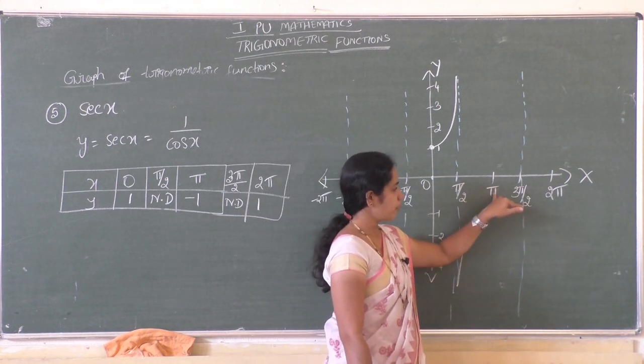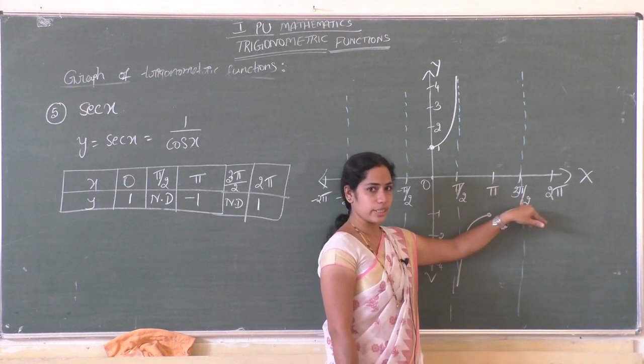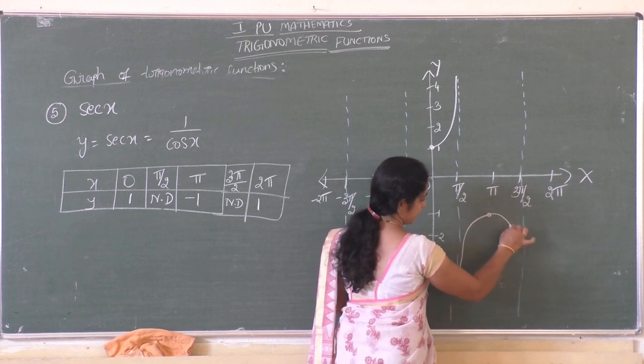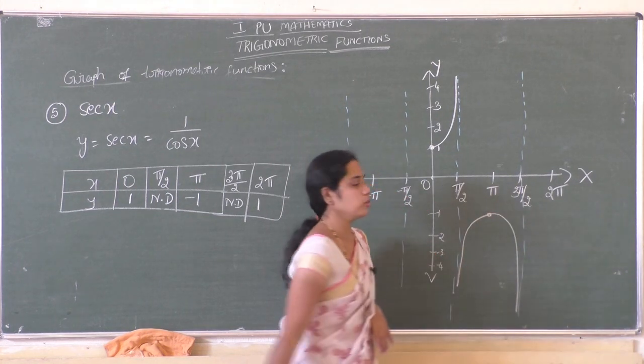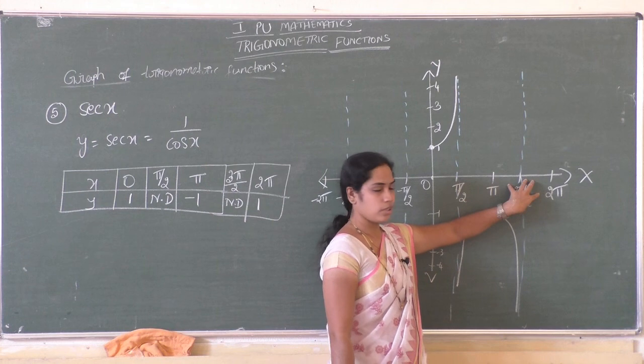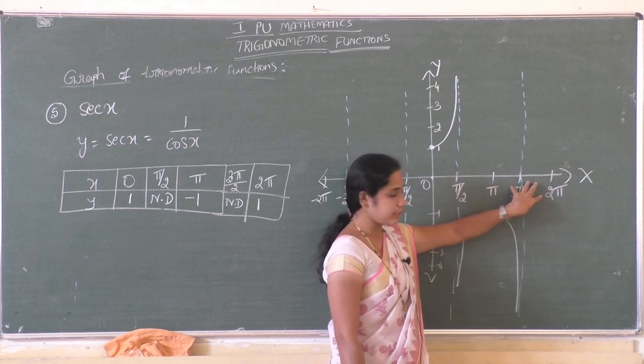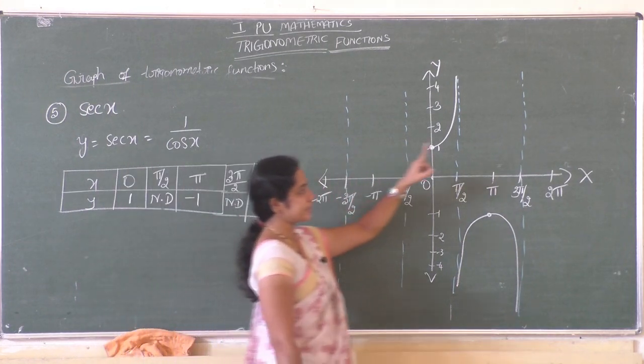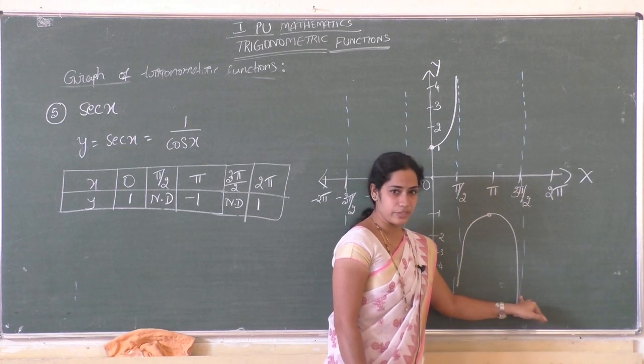Then pi to 3 pi by 2, third quadrant. In the third quadrant, again cos is negative, so value decreases from minus 1 to minus infinity. At 3 pi by 2 the function is not defined, so it can be plus infinity or minus infinity.